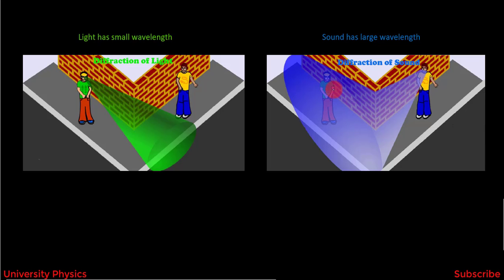But here in this case, we also have the same two persons standing on the sides of the wall. If this person is talking, then the sound of this person will spread around the corner of this wall. So this person standing on the other side of the wall can easily hear the sound of this person.